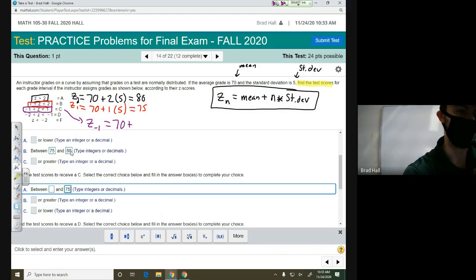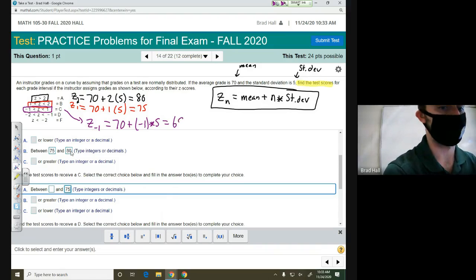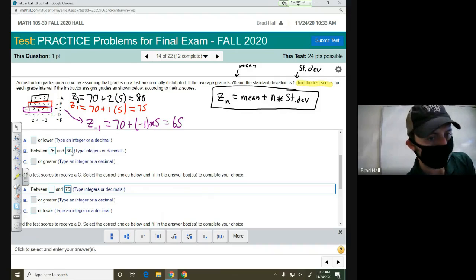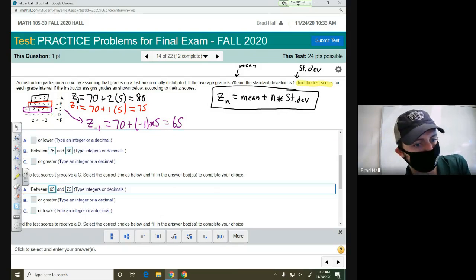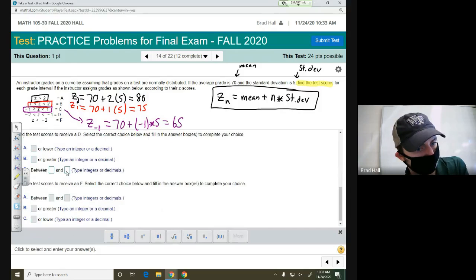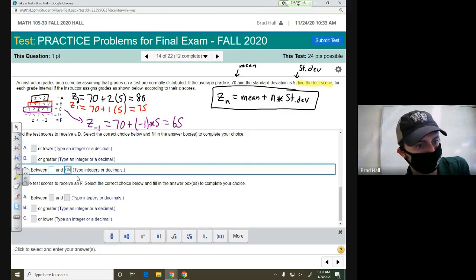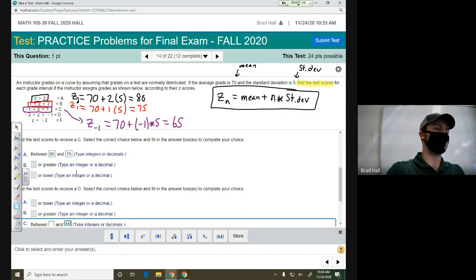That's 70 plus -1 times 5. So really we're subtracting 1 standard deviation from the mean to get 65. The lower bound for a C is 65, which means the upper bound for a D grade is 65.